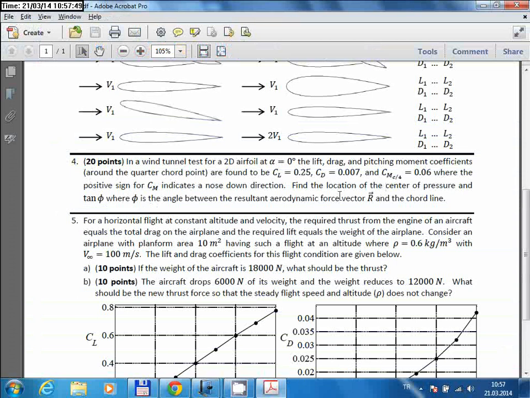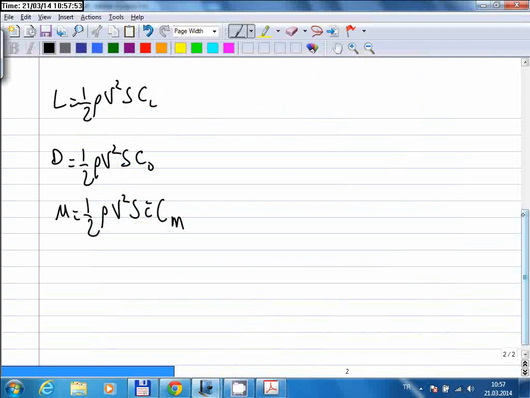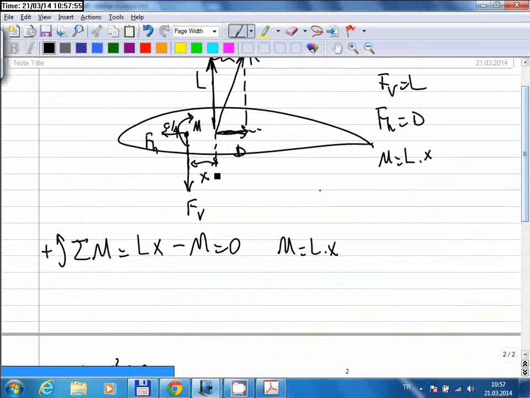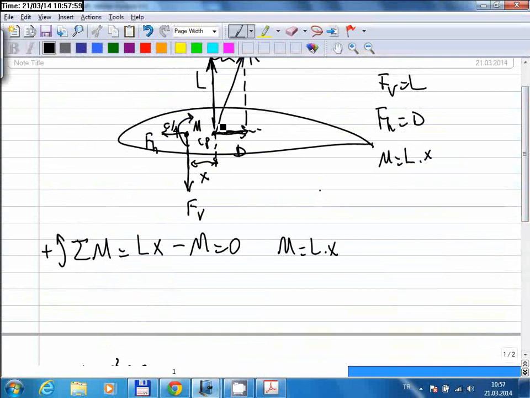Okay, so we are asked to find the location of the center of pressure. So basically we are asked to find this x distance, right? Because if I know x, I will know the center of pressure. This point is Cp.